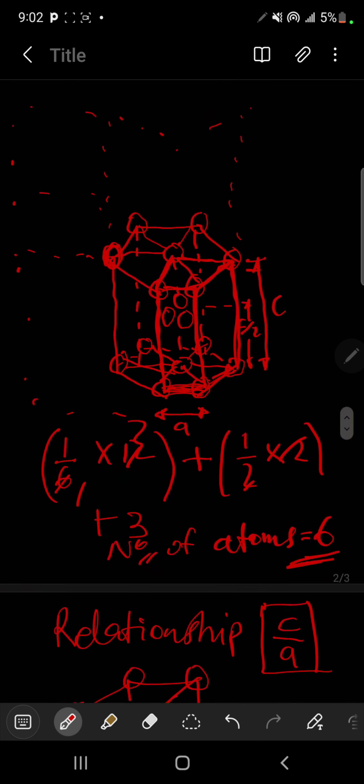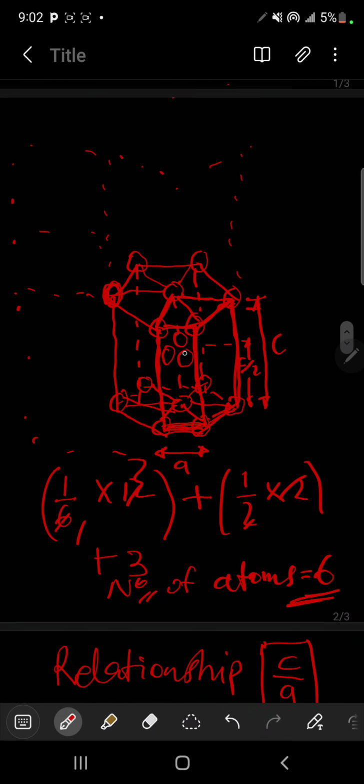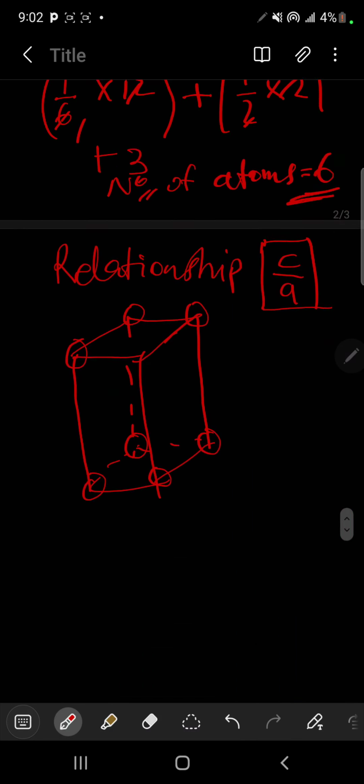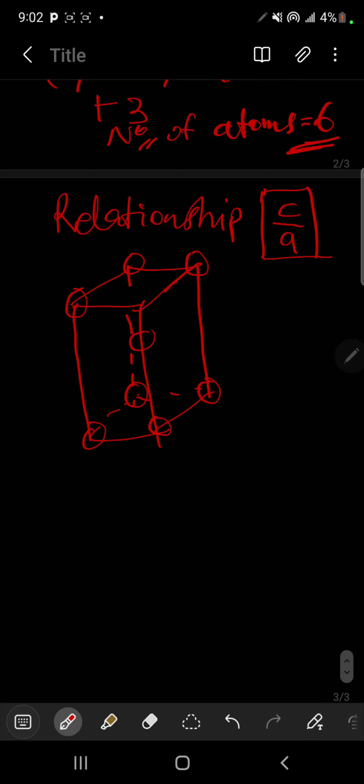But also notice that there are 3 atoms at the center. Because we have just taken out one slice, there could be another section of this nature and another section of this nature. Since there are 3 atoms at the center, one of them is here, one of them is here, and the other is here. So this portion only gets 1 atom.